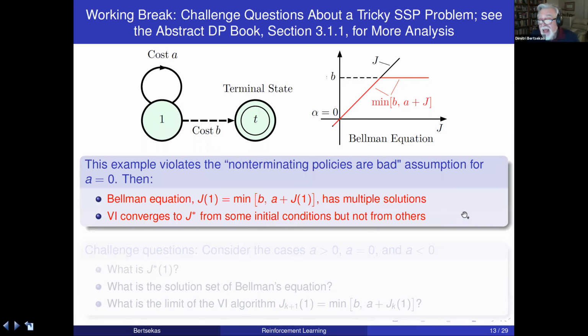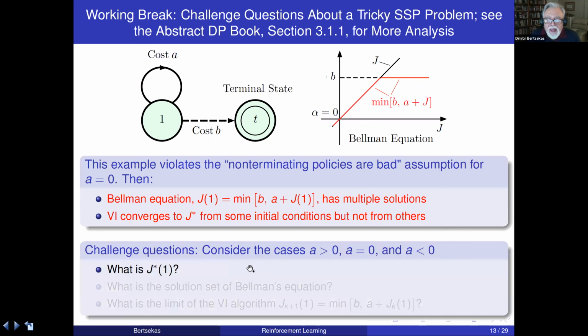Now, what I want you to do in this 15 minutes is to verify the statements here, assimilate the character of this figure and the problem, and consider the cases where A is positive, A is 0, and A is negative. What's happening in these three cases?